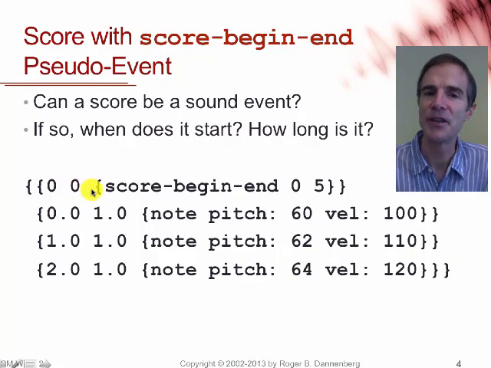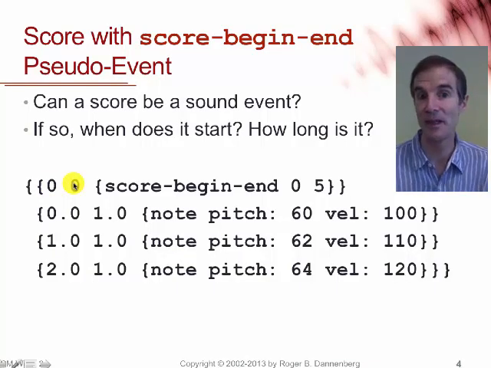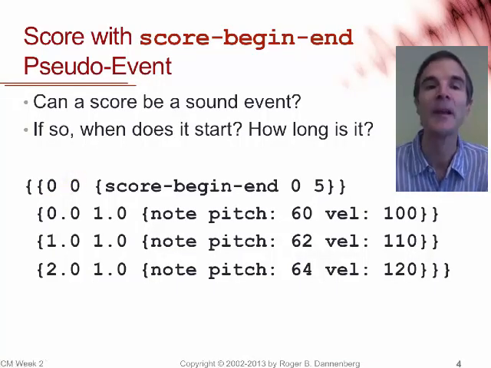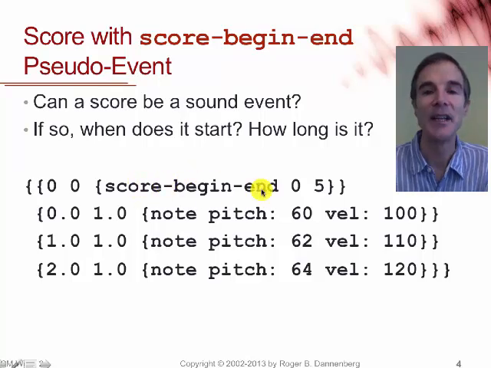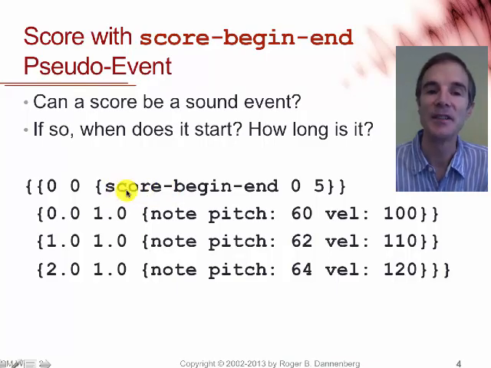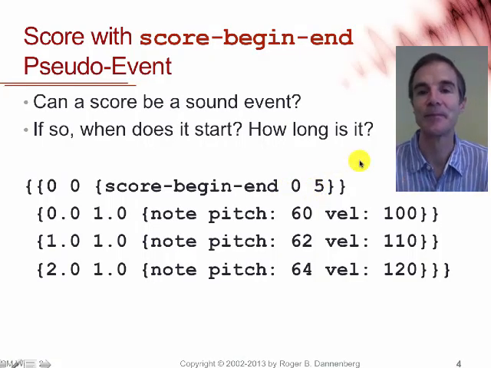It has the general format of a sound event. It has a start time and a duration, but they're both 0. And what you would expect to be a sound expression is the special name score begin end, followed by the start time and the duration.